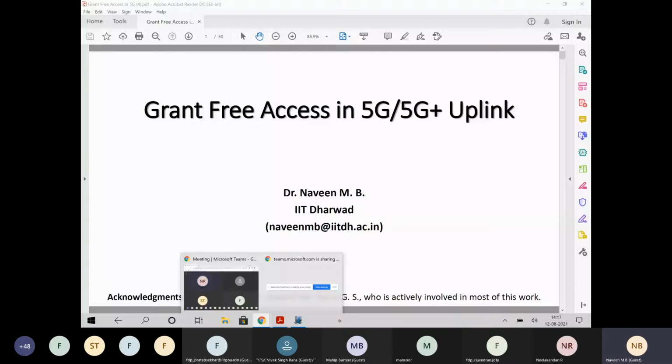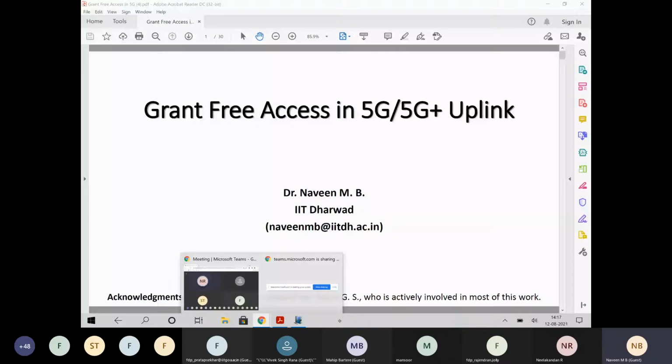Then the base station sends a response which is called the random access response. Then the UE sends a connection request saying it wants to transmit its data. And then the base station responds, okay, I identified you, here is your connection setup. And after that, it will also give the uplink grant.